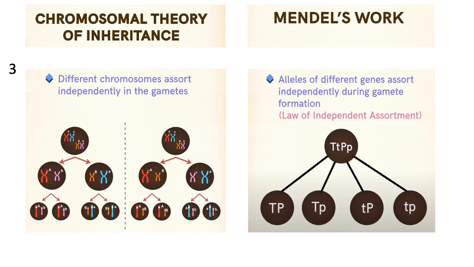So this is how the chromosomal theory of inheritance helps us understand that genes are present on chromosomes and that they are the units of heredity. This is how the theory supported Mendel's work and was useful in proving the laws of genetics put forth by Mendel.